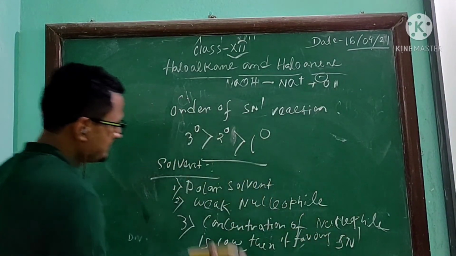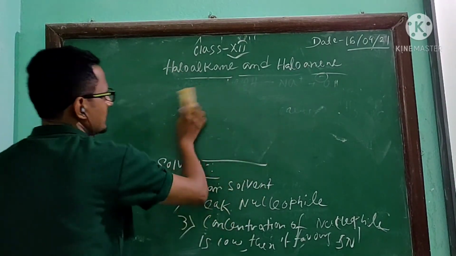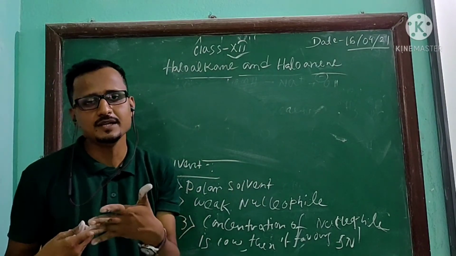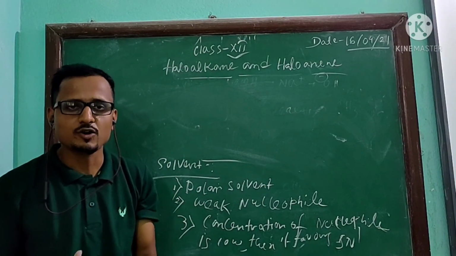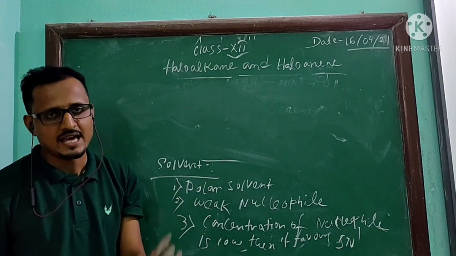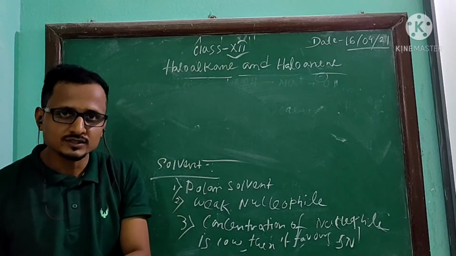Now you can write the rate of this reaction by considering the first and second step. Actually, the rate law can be written only from the rate determining step, and here the rate determining step consists of only one molecule.